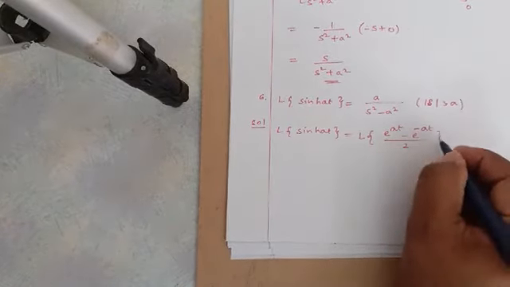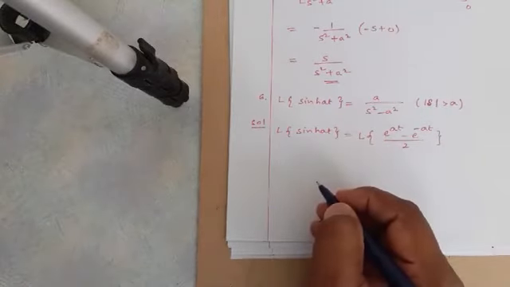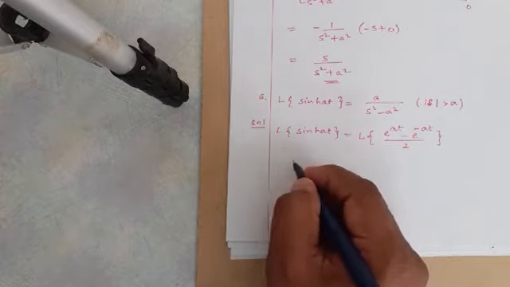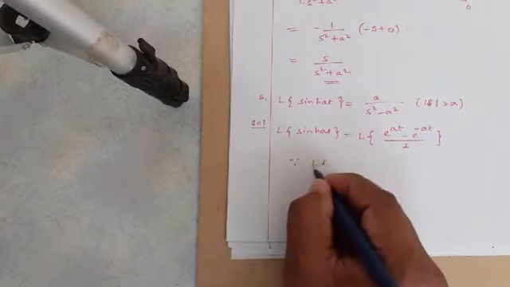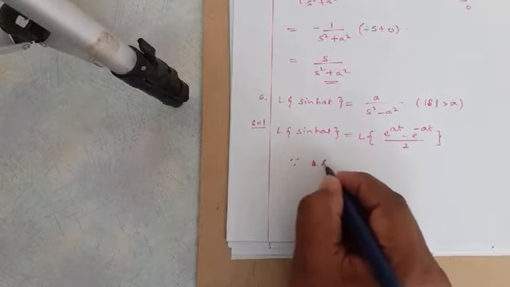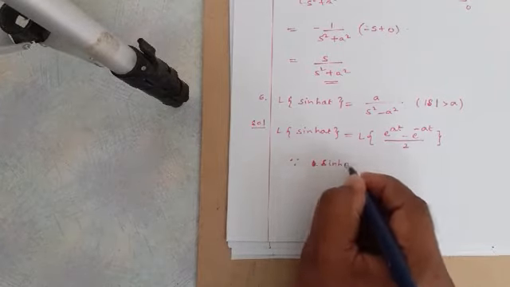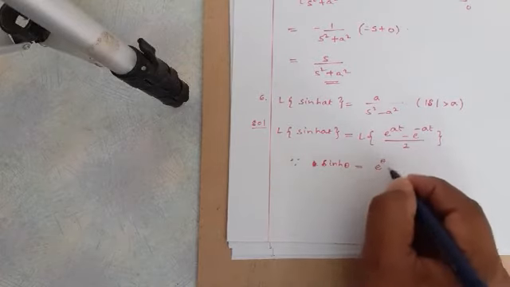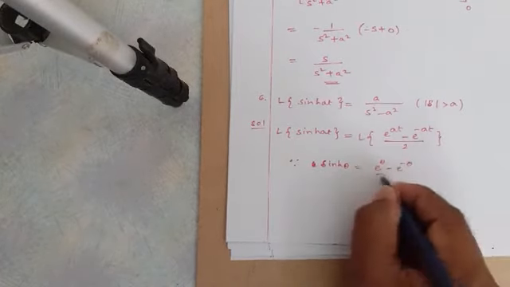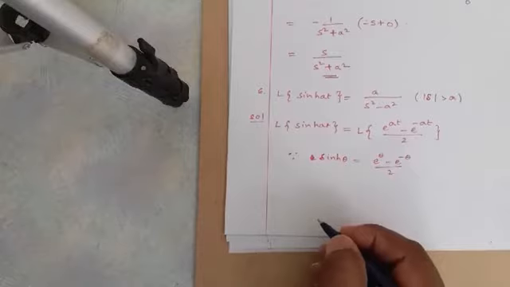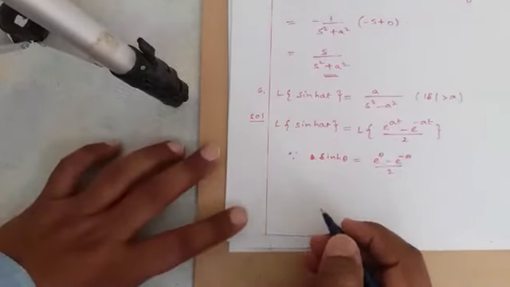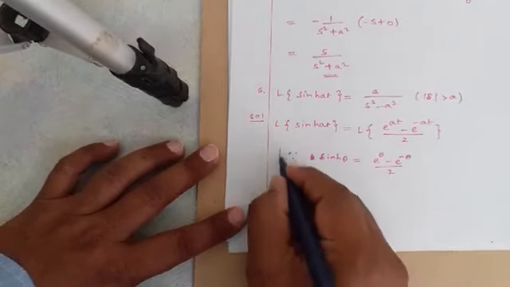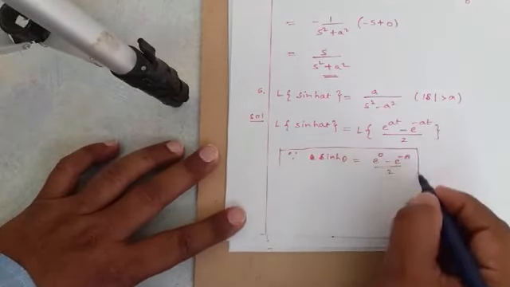As you know, sinh theta is equal to e power theta minus e power minus theta upon 2. This is the hyperbolic function which you used in your intermediate. So now this one I have used here in this problem.